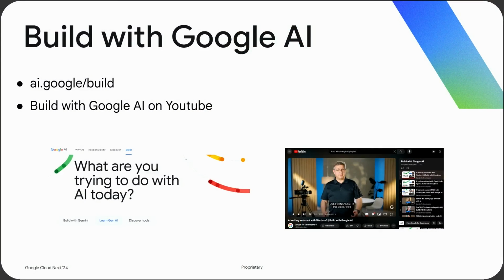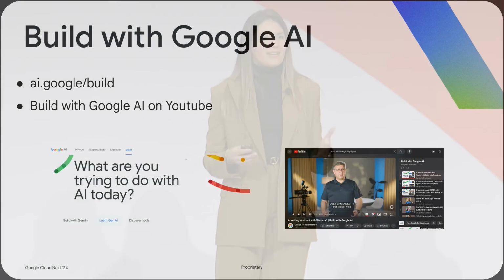And then lastly, Build with Google AI. ai.google/build is a really great place for you to understand some of the developer journeys, use cases, and some of the applications that Erin also mentioned before. If you go to YouTube, you will also be able to find on the Google Developers YouTube channel a series of Build with Google AI videos.